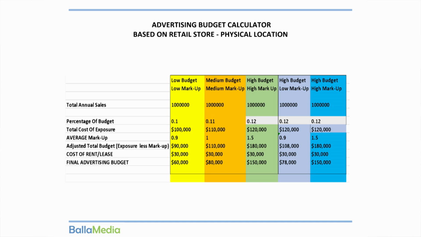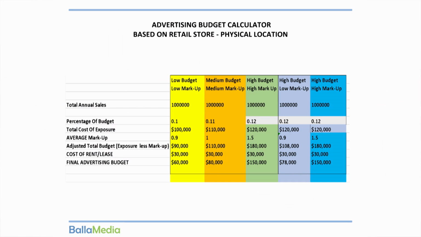The other factor we take into consideration is the lease or rent of your physical location. This is a very important component to include in your advertising. Your physical location is actually worth quite a bit in terms of where you are.